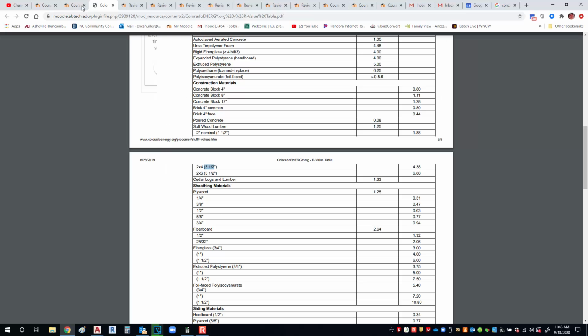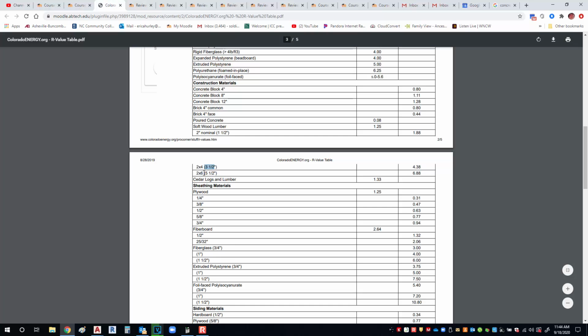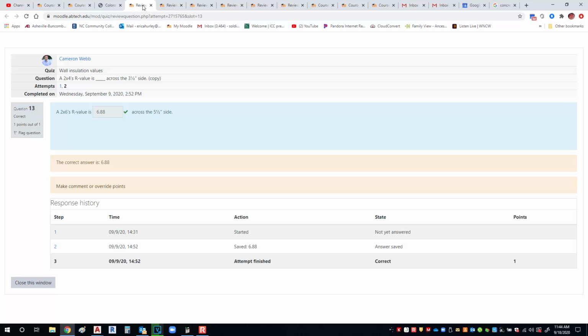So the next question was, what is the R value of a 2x6 across the 5.5 inch side? All right, right there we have it. 5.5 inch 2x6, 6.88. And then what is the 2x6 R value across the 1.5 inch side?